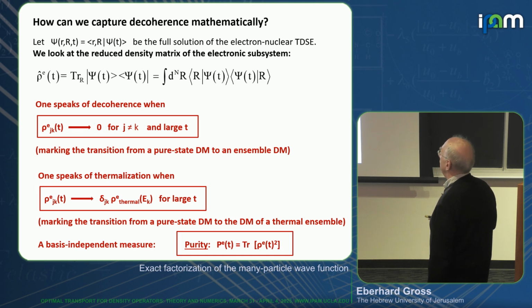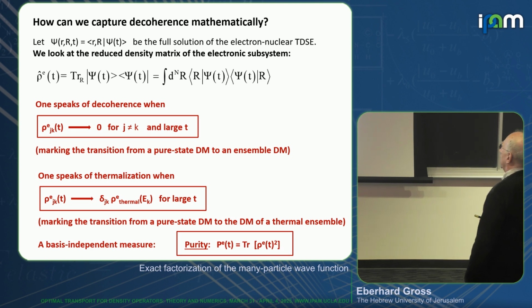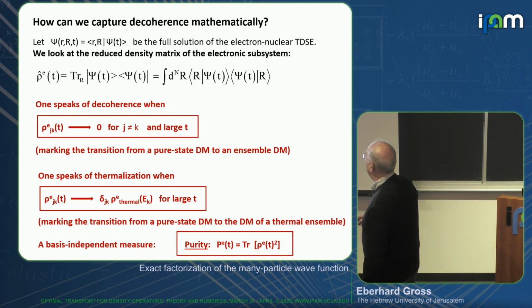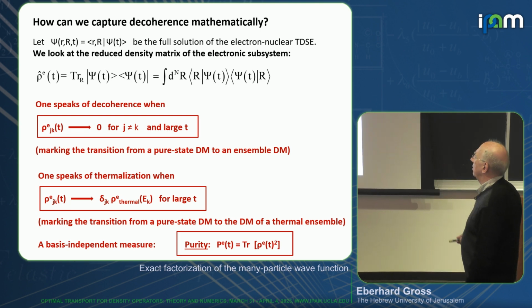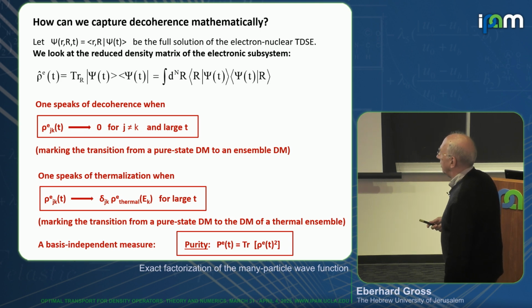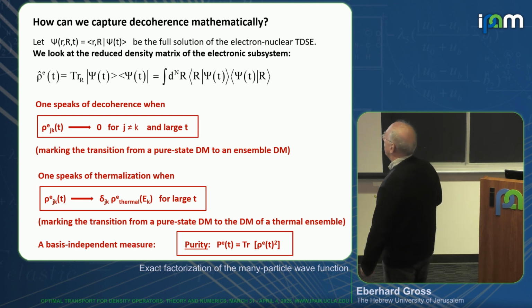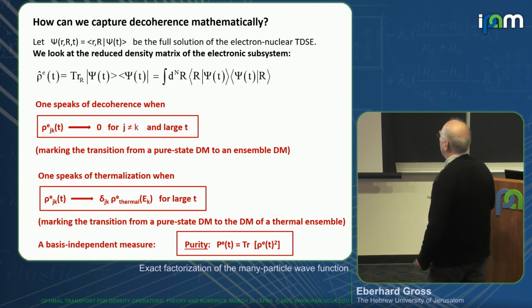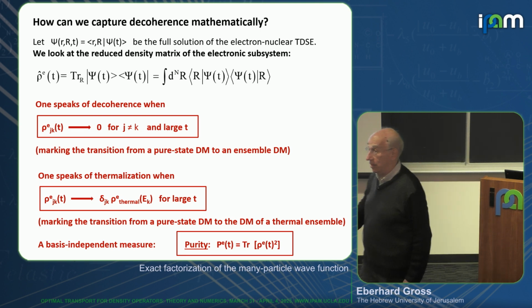And there's a better one, which we also saw during the previous talks, which is the purity, which is the trace of the square of this object. So ultimately, if you look at these things, they're very similar in the end. Now, what does that mean? If the off-diagonal elements go to zero, it means that it's essentially a transition from a pure state density matrix to a classical ensemble.